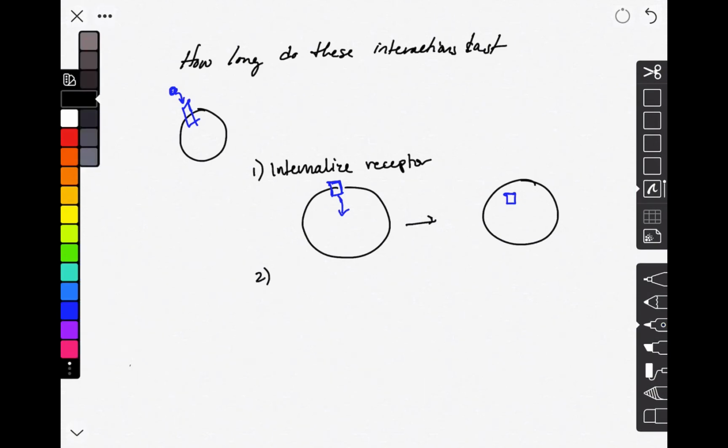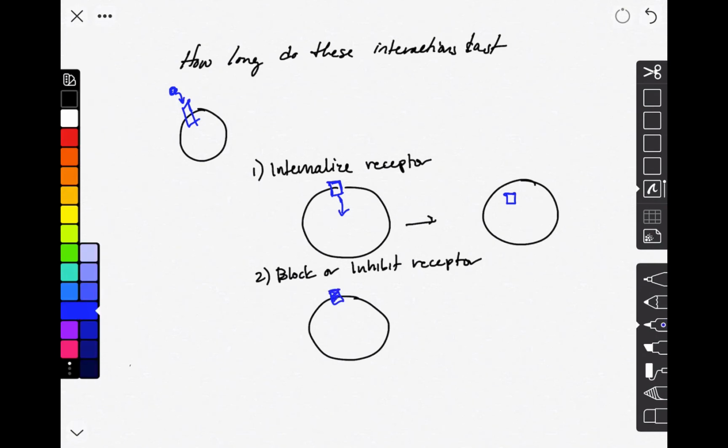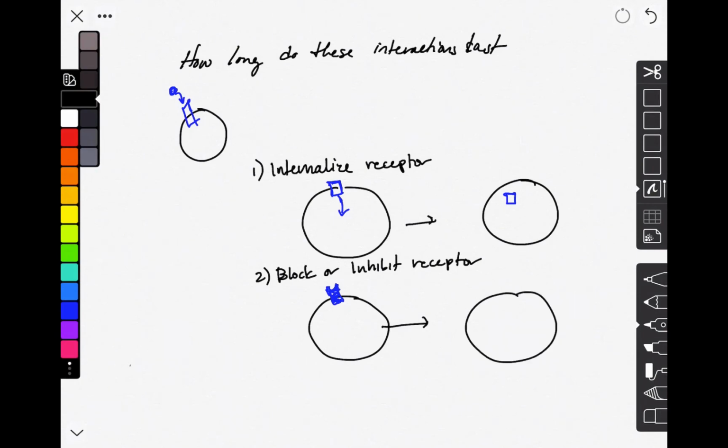Another thing that can happen is that you can have another molecule block the receptor. So basically, the receptor goes from its active state, where it is ready to accept this molecule, to where something internal to the cell binds to it.